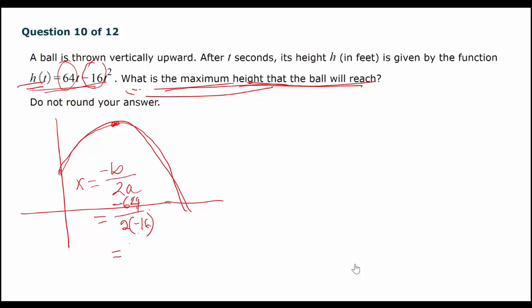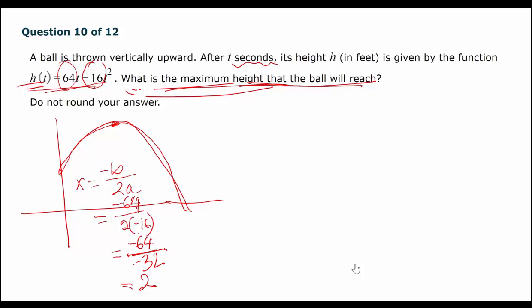So we have negative 64 in the numerator, and in the denominator we have 2 times negative 16, which is negative 32. And negative 64 divided by negative 32 gives us 2. So after 2 seconds, it will reach its maximum height.